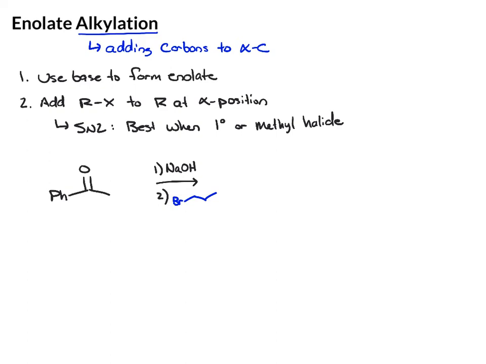So now if we look at our starting material, here's the alpha carbon. It has three alpha hydrogens. We'll draw in one explicitly. Mechanistically, the first step is the base will come in and take that alpha hydrogen.